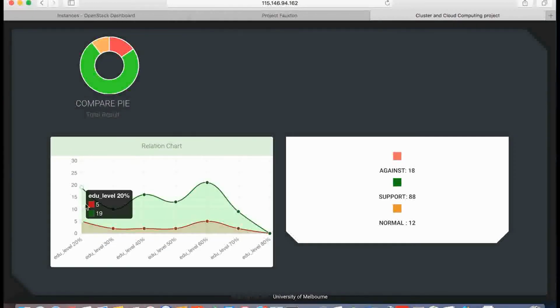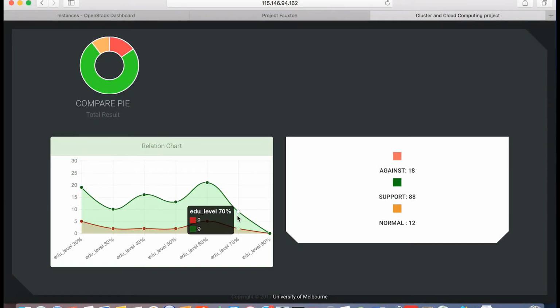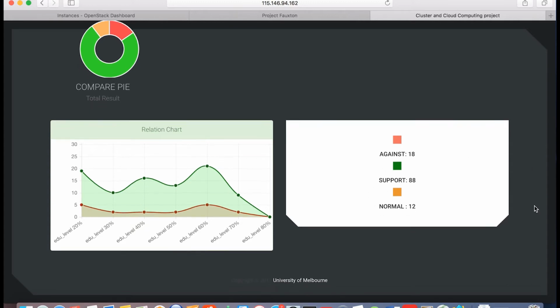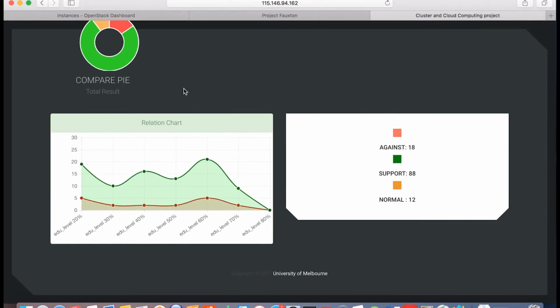We also compared this data with different education levels. According to the relation chart, we can easily find that whatever the education level is, most of the regions support the refugees.